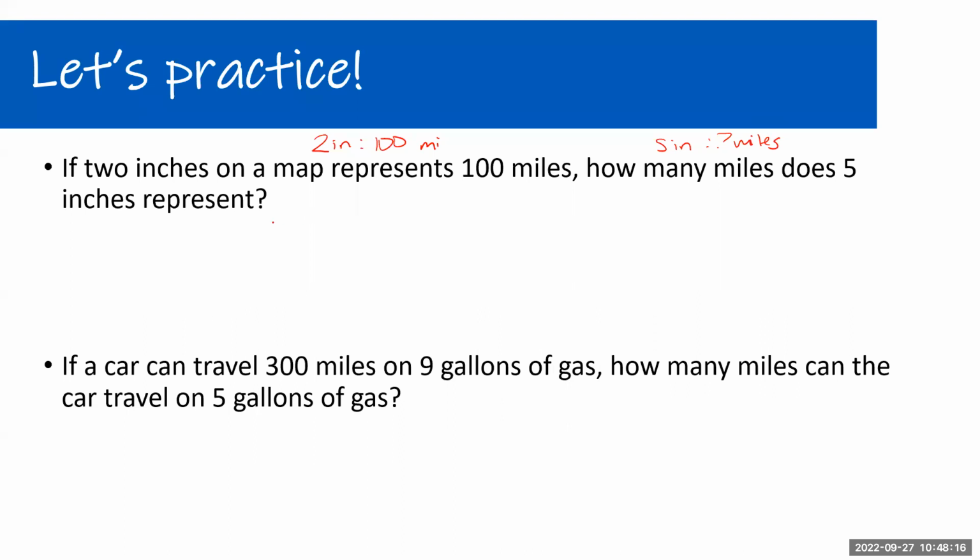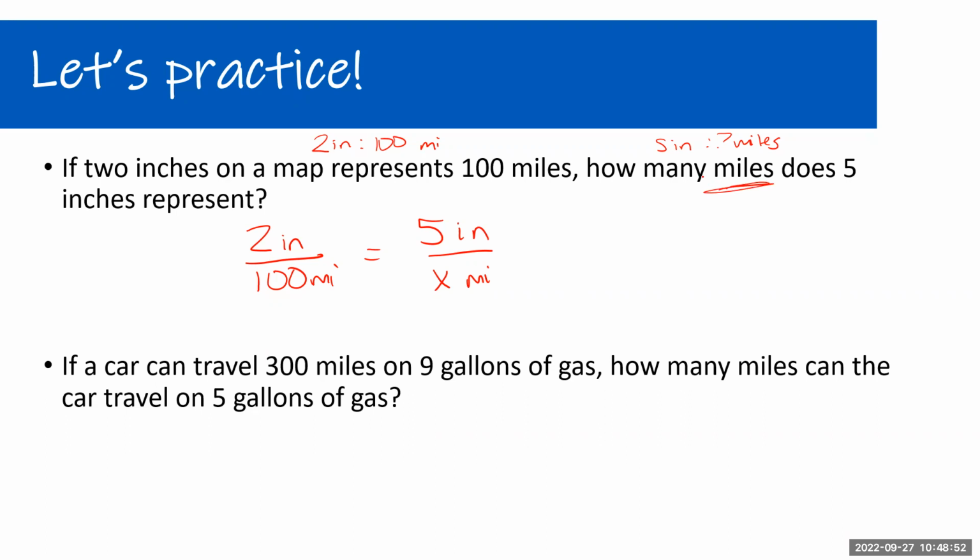We can set these up as fractions. 2 inches gives us 100 miles, and 5 inches gives us X miles. Now, we can see that if we multiply inches times miles and divide by inches, it's going to give us miles as our answer. If you like to show that kind, that's fine. But if you're one of the people like I tend to be, I know that my answer is in miles, so I don't worry so much about my units here.